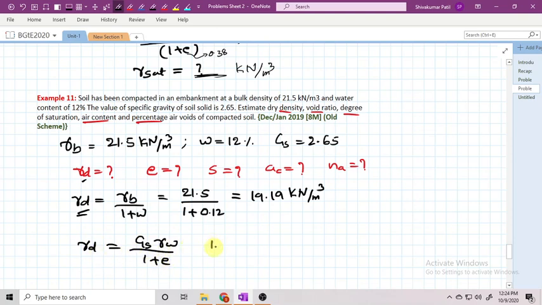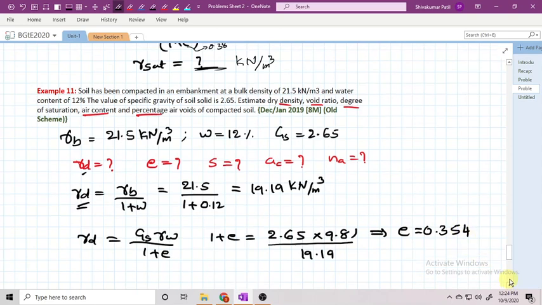So 1 plus e equals 2.65 into 9.81, the unit weight of water, divided by 19.19. This should give you an e value of 0.354. This is my second answer, and this is my first answer.